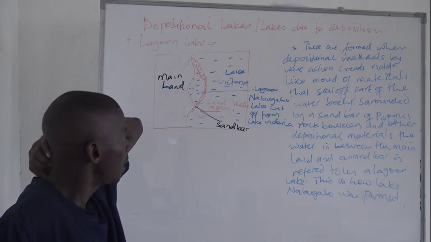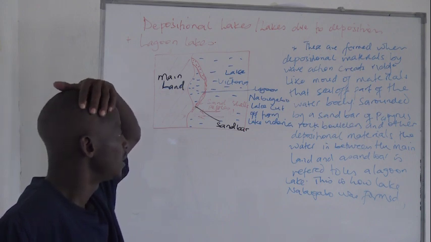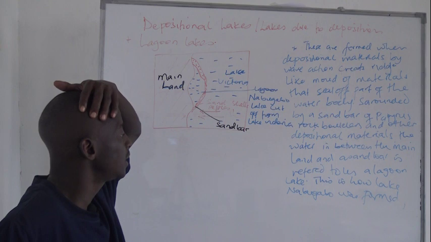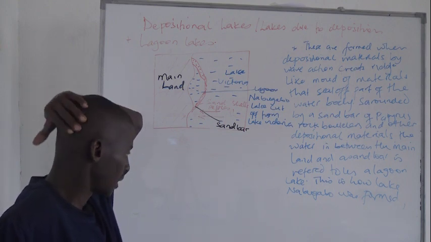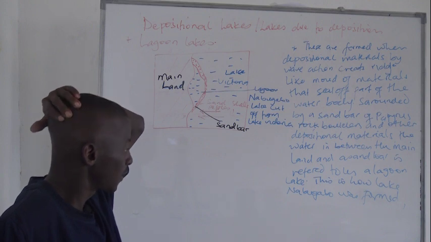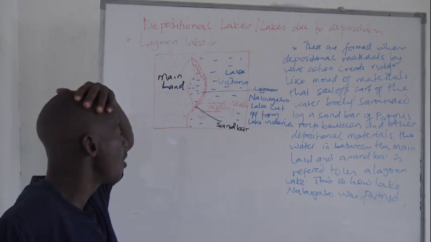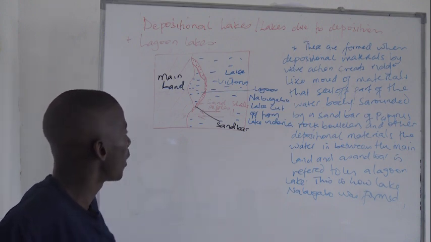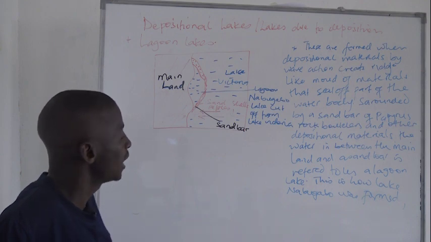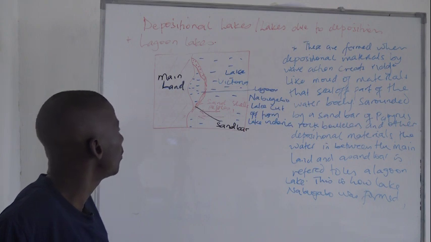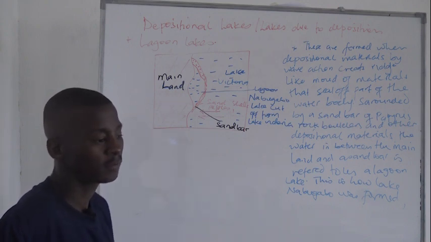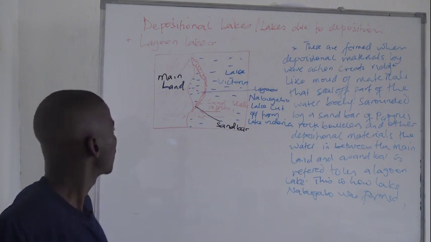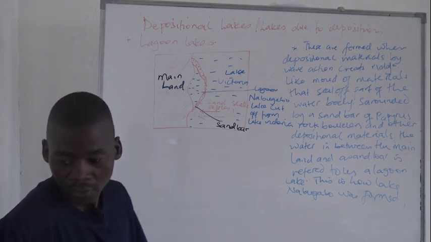So, the water in between the mainland and the sandy bar is referred to as a lagoon lake. This explains how Lake Nabugabo was formed. So briefly, Lake Nabugabo is a lagoon lake. It is found on the shores of Lake Victoria.